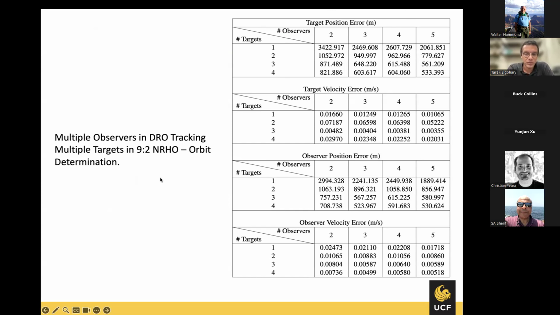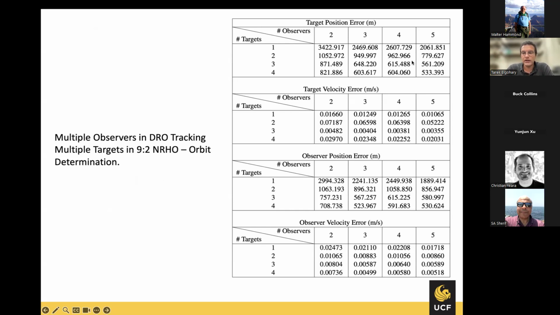The accuracy improves. This is RMS error. I think we did this over a 1,000-run Monte Carlo simulation, so this is the averaging of all of these exercises. It makes sense because you're getting more measurements, and as they acquire more measurements, even if the observers are not looking at each other, the overall accuracy of everything in the process improves.